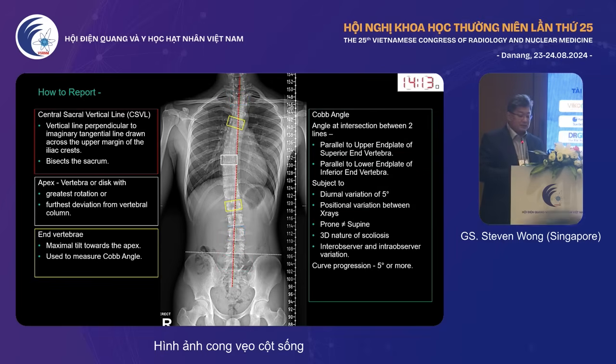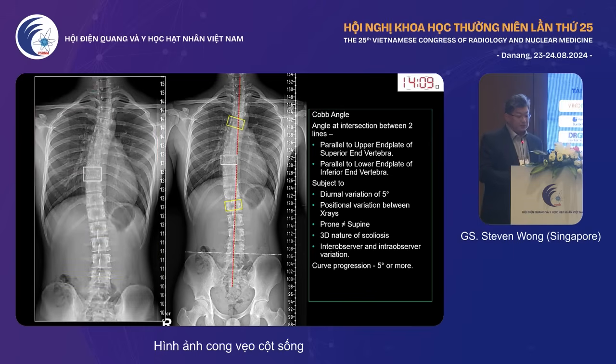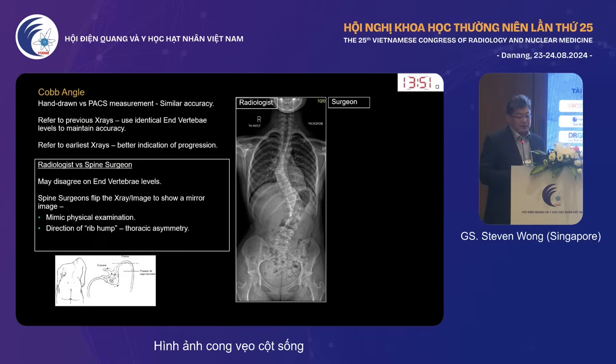So what is the Cobb angle? Everybody knows how to measure it. You find your end vertebrae, and then you draw parallel lines and translate across and determine this angle. Nowadays, with PACS, any capable PACS can measure the Cobb angle for you without you having to draw the lines. But knowledge of how to draw the lines is very important because the surgeon draws the lines themselves in their clinics.